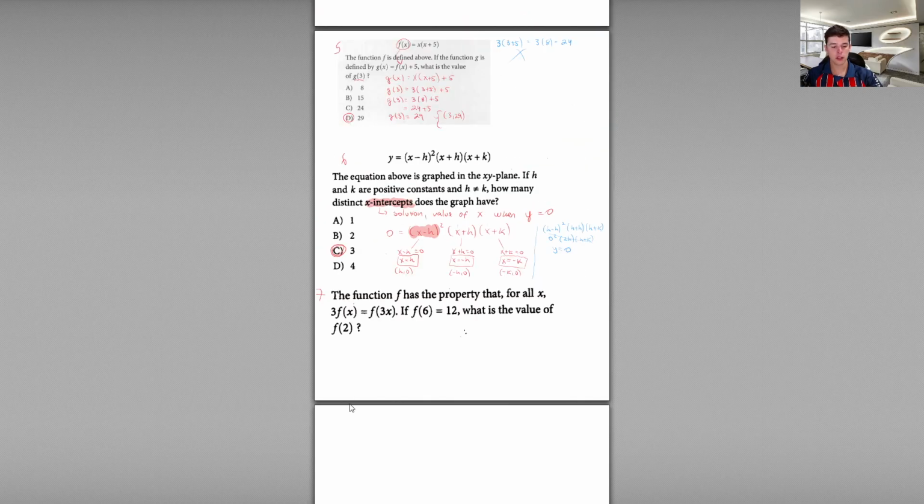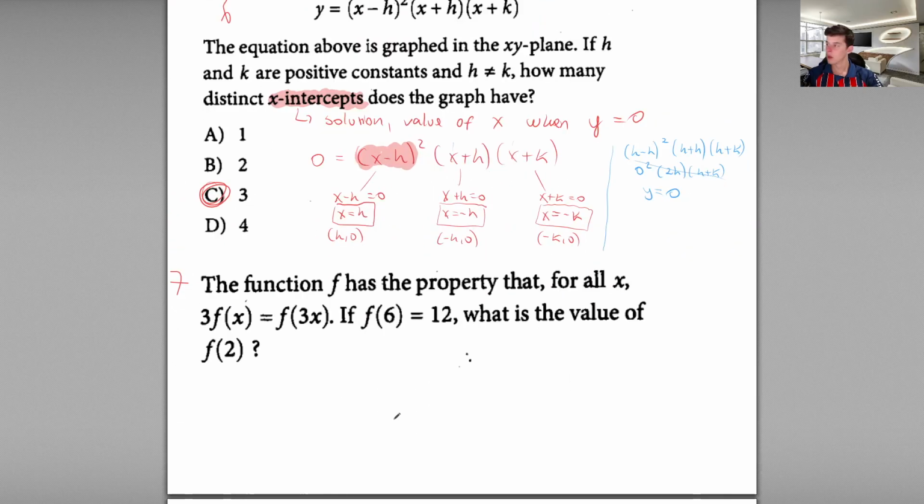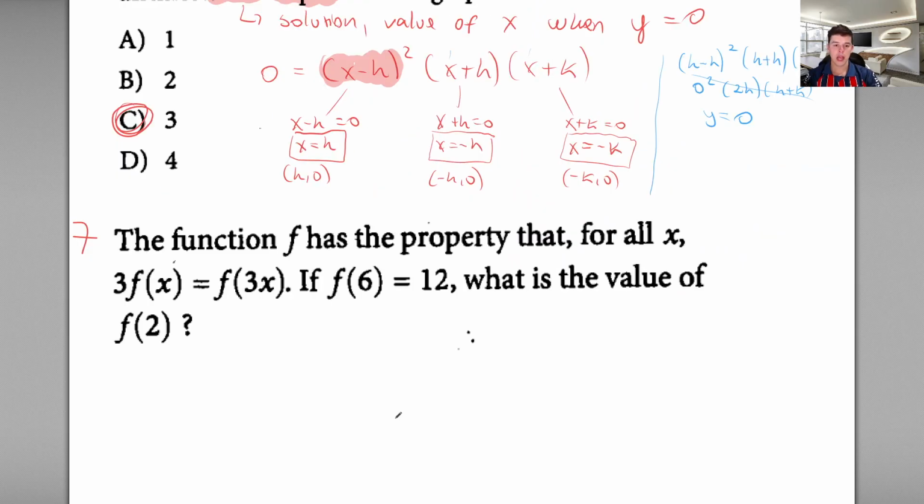7. I think that's the last one. Yep, that's the last one. The function f has the property that for all x, 3 times f of x equals f of 3x. If f of 6 equals 12, what is the value of f of 2? So 3 times f of x equals f of 3x.